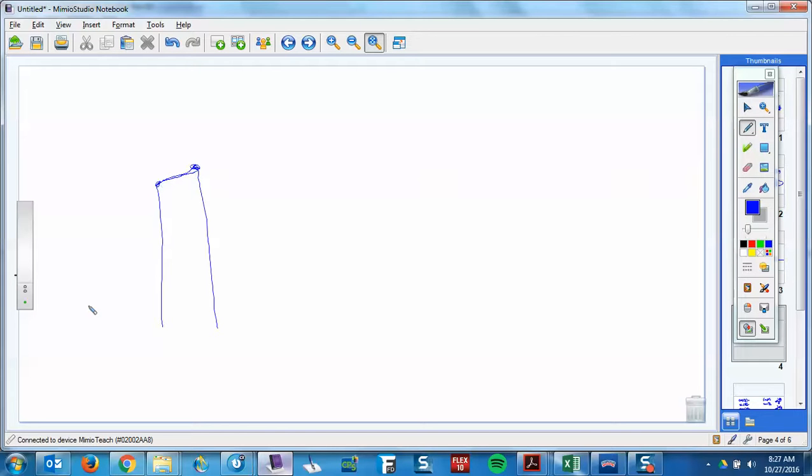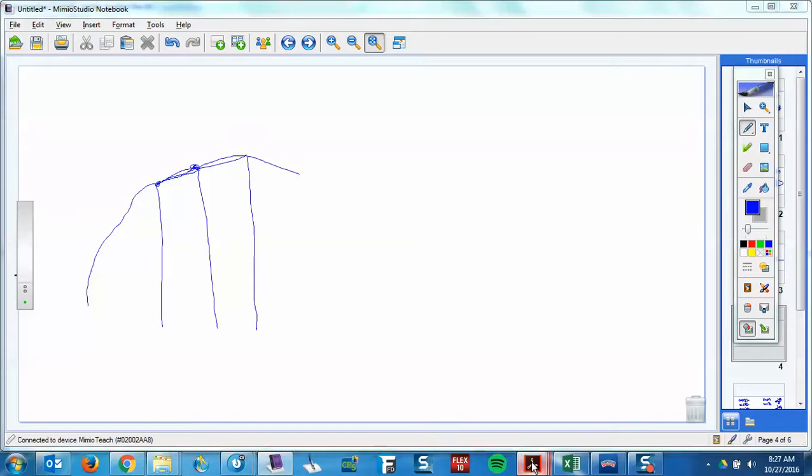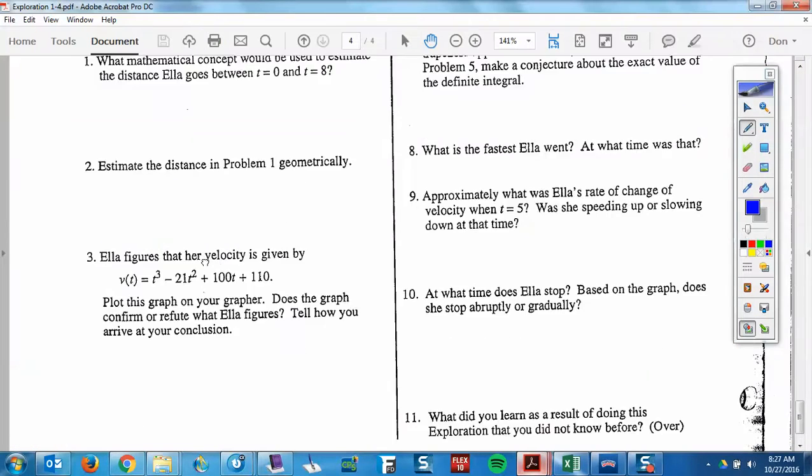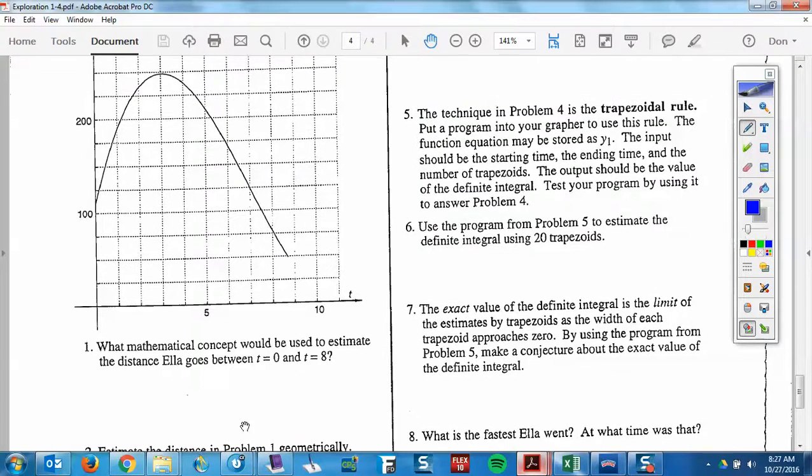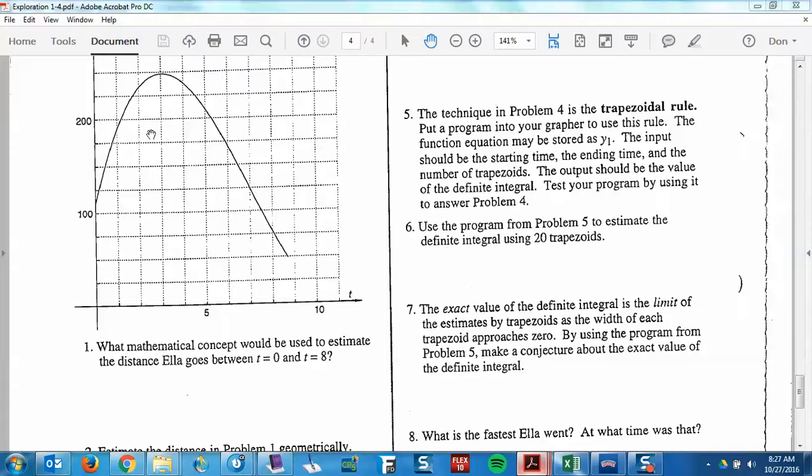So when they say a trapezoid, you have your curve coming up like so, right? That's what they want you to do. So underneath that curve, you're going to have these straight edges on the top. Divide that into 4 strips on your paper. They want you to do this on your paper here. Go up to your graph and divide this into 4 equal strips.